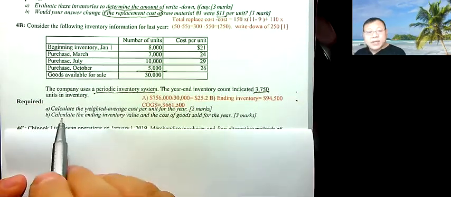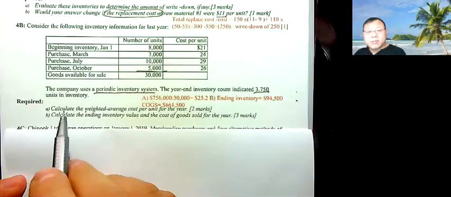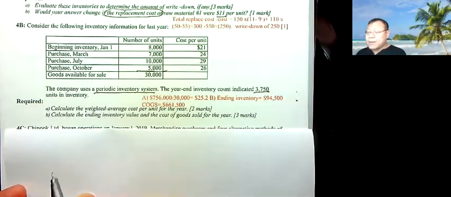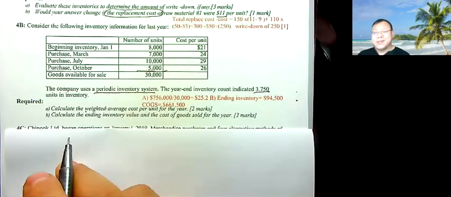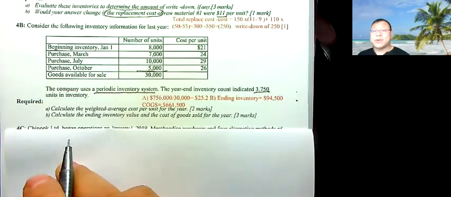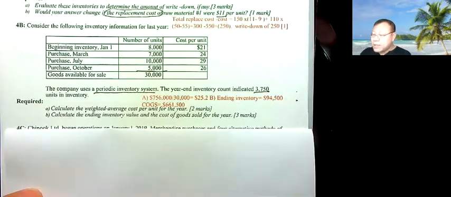So you calculate the weighted average cost per unit for the year, right? For a periodic inventory system, you only do this at the year-end, so you only need to calculate this average one time.